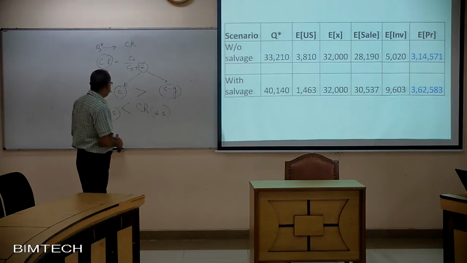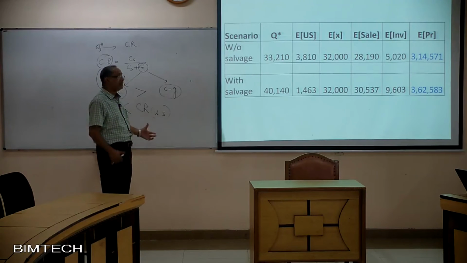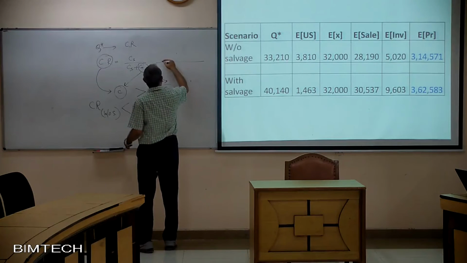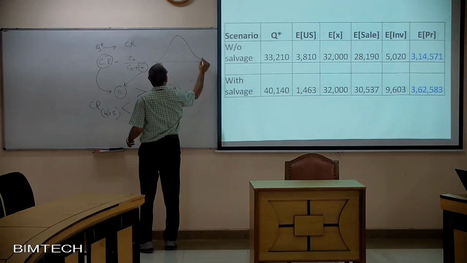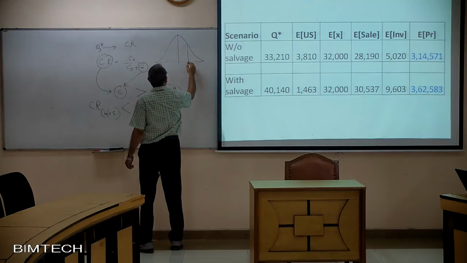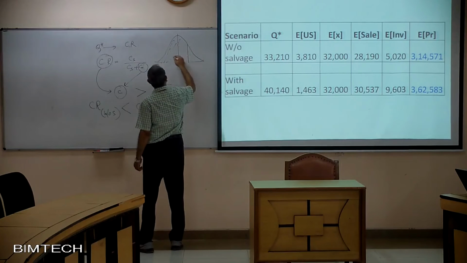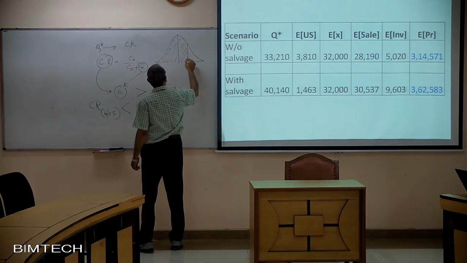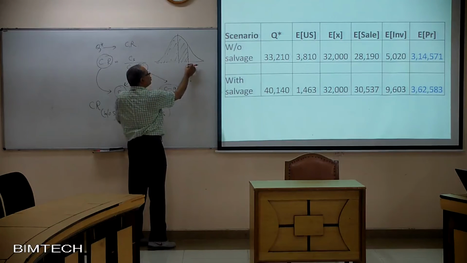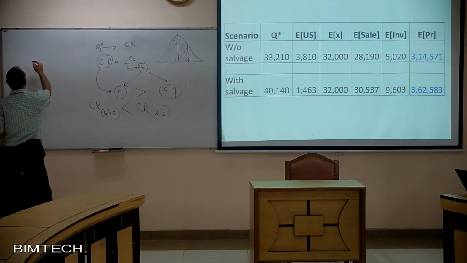Okay. Now, if the critical ratio for the with-salvage case is greater, that means what? What is the critical ratio? If I may just recap, the critical ratio is the area under the normal curve. A bigger critical ratio is only going to give me a bigger value of Z. And therefore, what is my Q star?